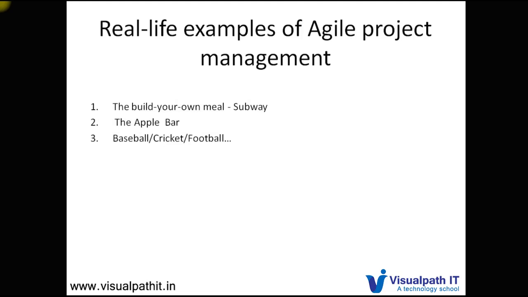For example, when we go to Subway, the person standing at the counter gives us the option to build our own meal. That is a part of Agile: at every phase they are asking what bread we want, what sausages we want, what vegetables we want. So they are interacting continuously with the client and checking the client's requirements.